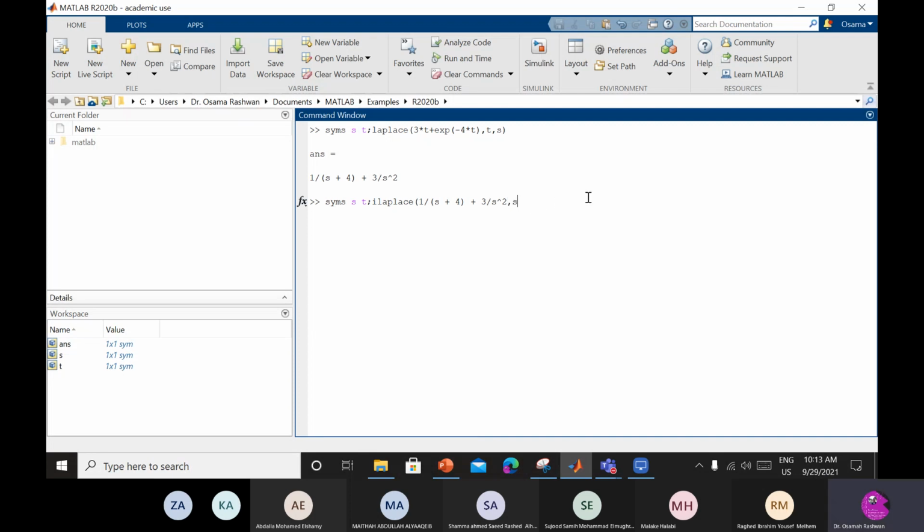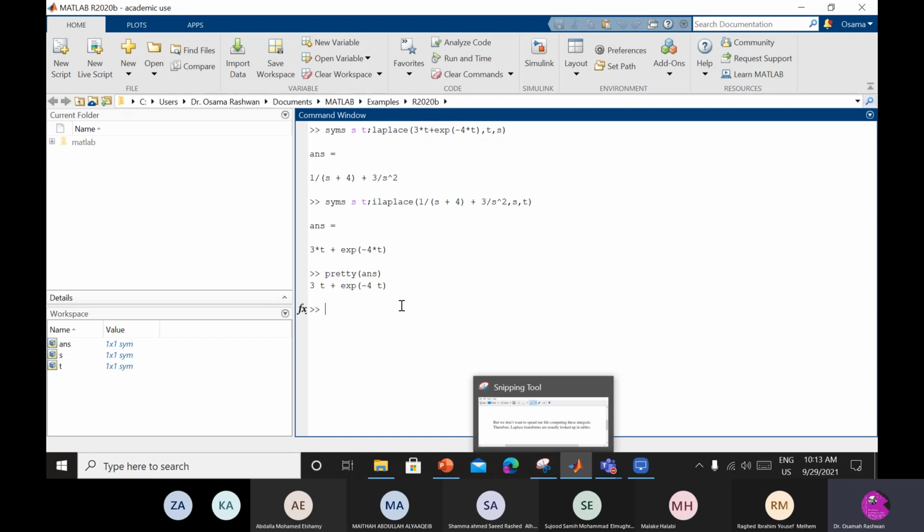So I write s first, and then I need the output as a function of t. So I write t. Yes, if you would like to make it pretty, to have the math for this one. Yes, it is the same function, 3t plus e to the minus 4t.